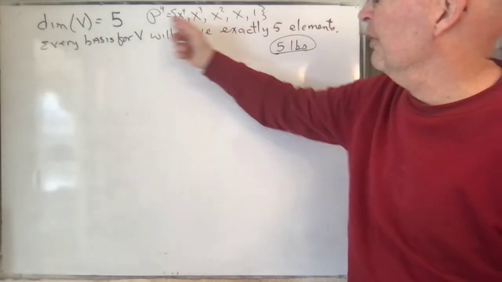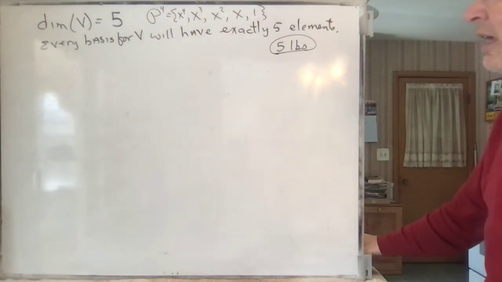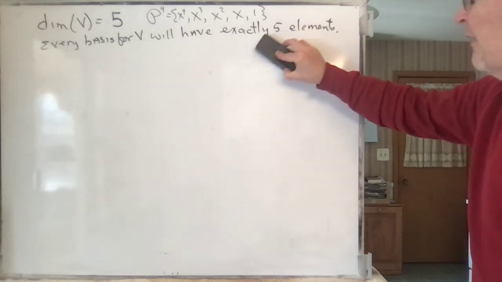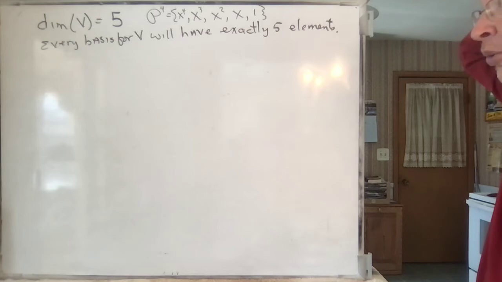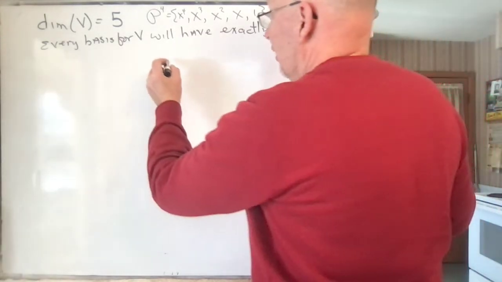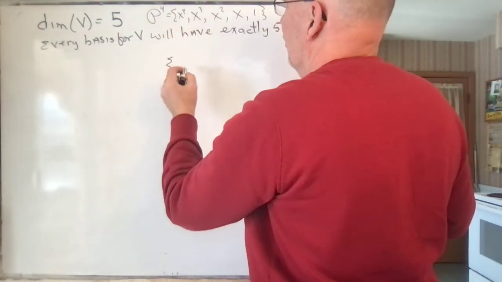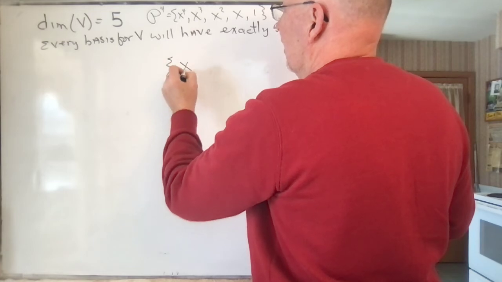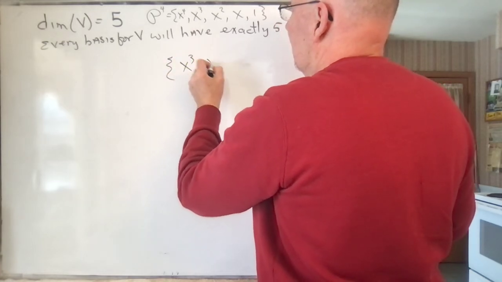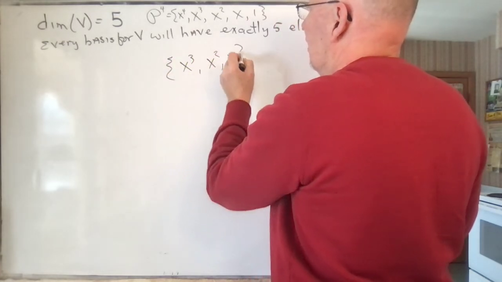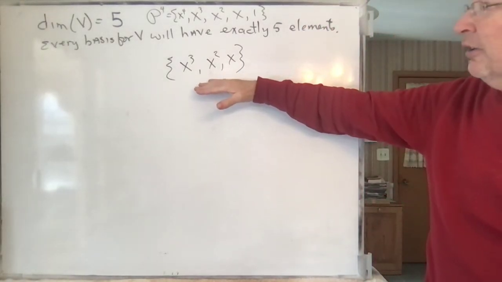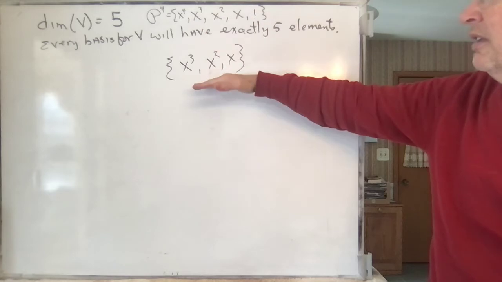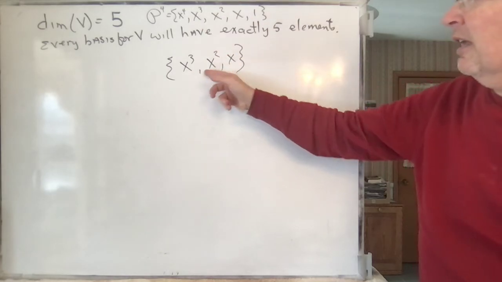So the question is, if you have a set with less than 5, what do you know about it? Well, here's one set in P4 that has less than 5. Notice that one's linearly independent. None of these can be gotten from the others.